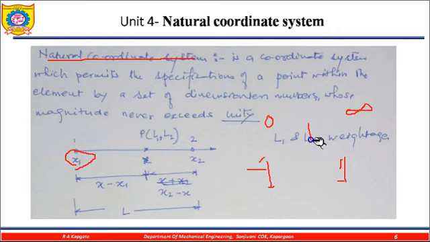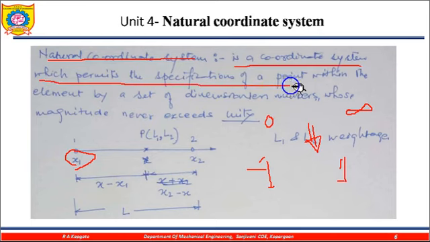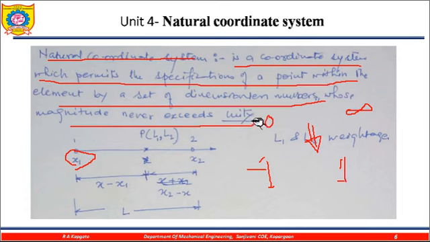So there is a transformation from the global coordinate system to the natural coordinate system. A natural coordinate system is a coordinate system which permits the specification of a point within the element by a set of dimensionless numbers whose magnitude never exceeds unity.